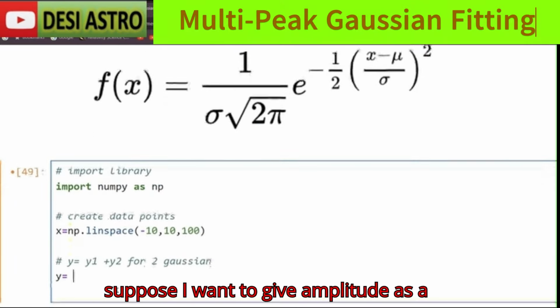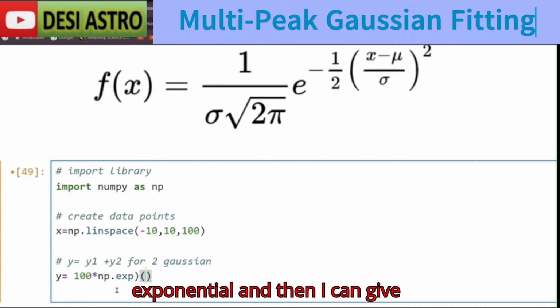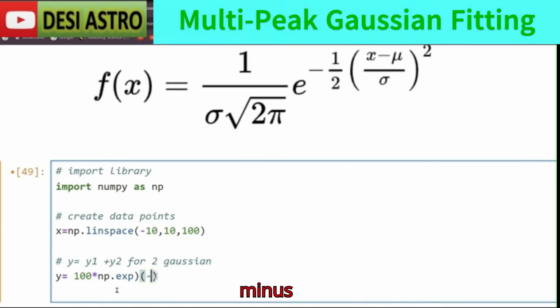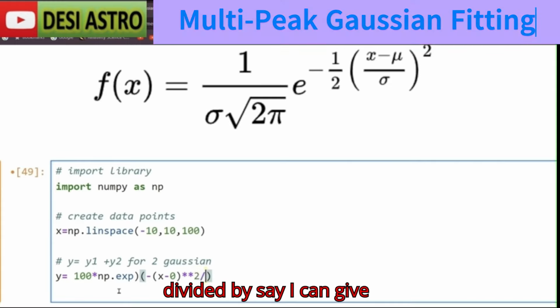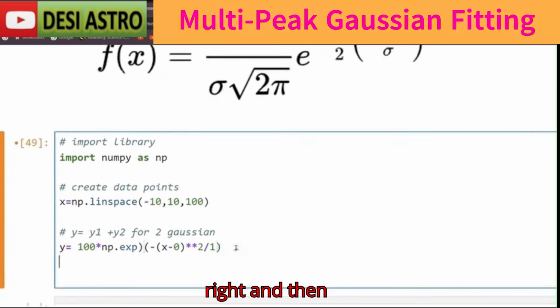Suppose I want to give amplitude as 100 into np dot exp of minus, say, x minus 0 whole square divided by, say, 1, right?